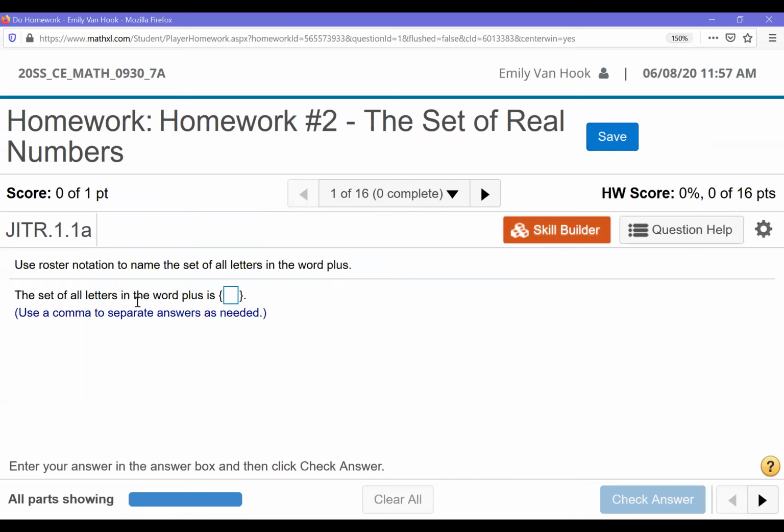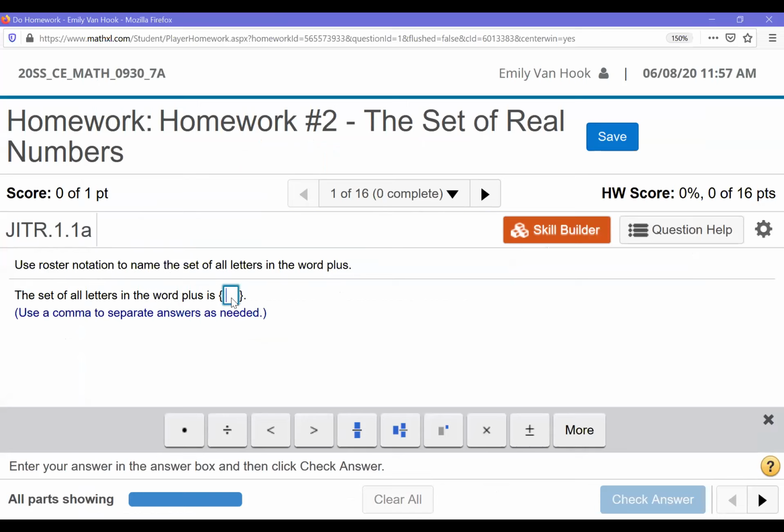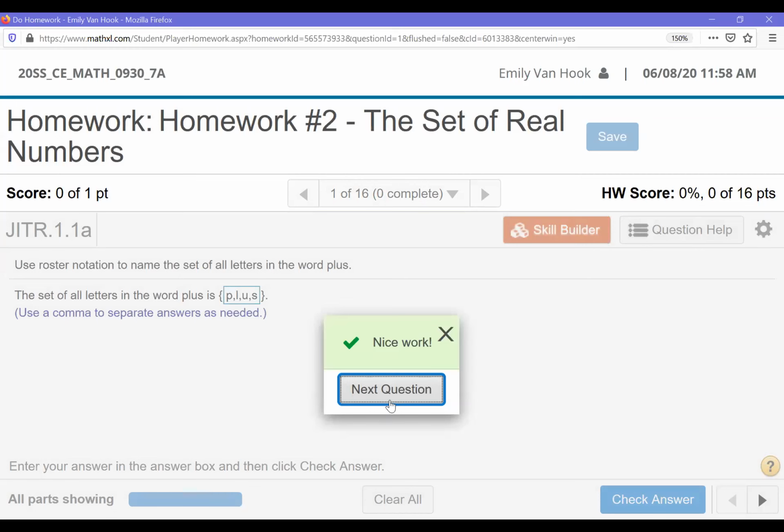We just did it with the word mathematics. We're using roster notation to name the set of all letters in the word plus. Use a comma to separate answers as needed. It's, I hope, easier than you might think, to the point of you might be asking, why am I doing this? Good question. You're just getting introduced to the concept of making a list. So P, comma, L, comma, U, comma, S. There we go.